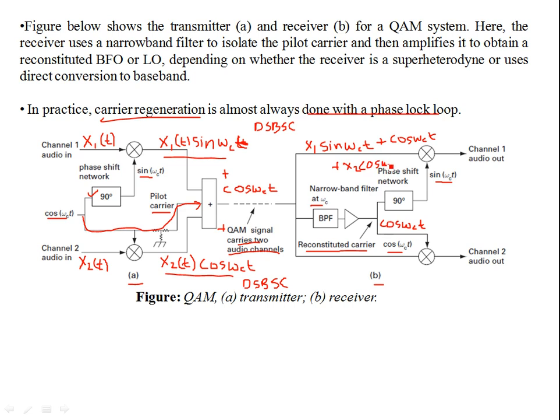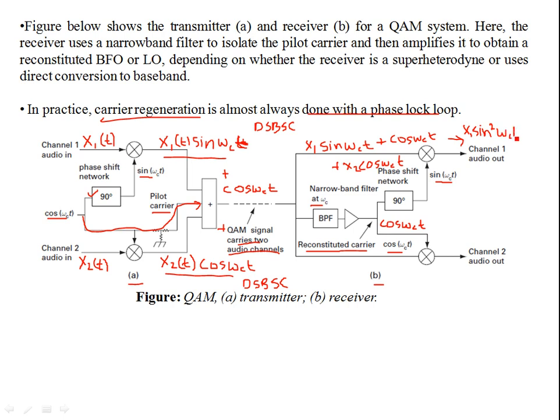And if I multiply this with sine omega ct over here, my product yields x1 sine square omega ct, right?